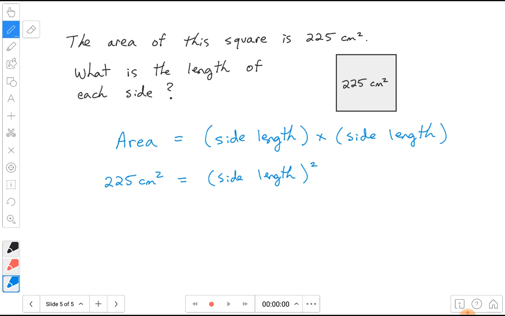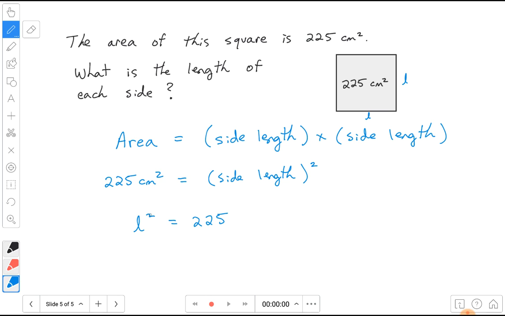The side length squared. And let's write this a little bit smaller. Let's use L for length. Okay, so we'll say this is L, and this one is also L here. So that's length. So we can say that length squared equals 225 if we write this out as a math equation. So we want to just find L.